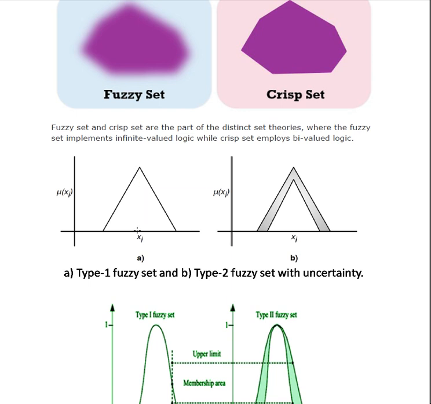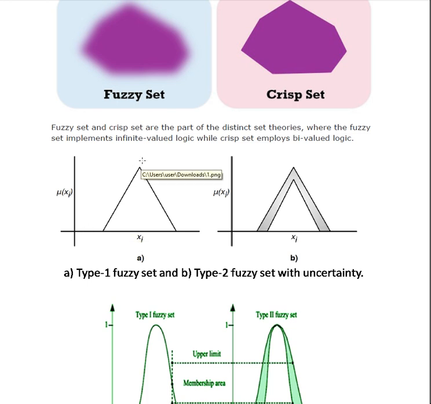This is the representation of a fuzzy set, and between this peak and this 0 there is a slope. You can see this slope has infinite sets of values which range between 0 and 1.